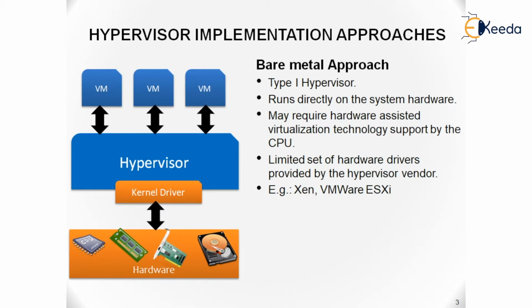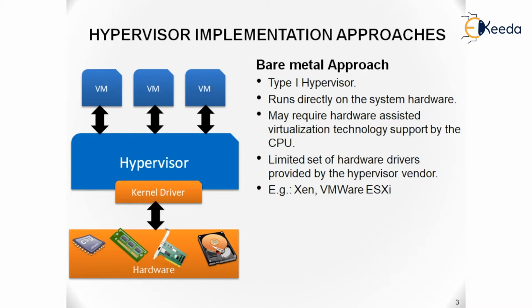Now in this approach, when you decide to implement the hypervisor, this is one kind of method where the hypervisor directly runs on the system hardware, and the important thing is that the CPU or the hardware resources which you have should support this virtualization technology.